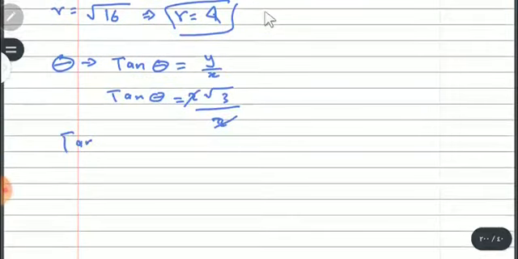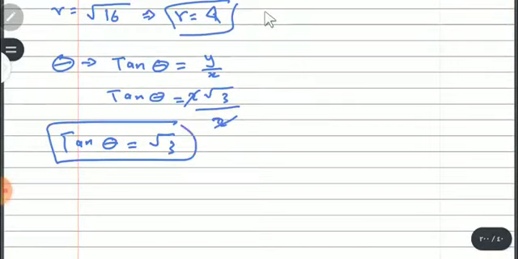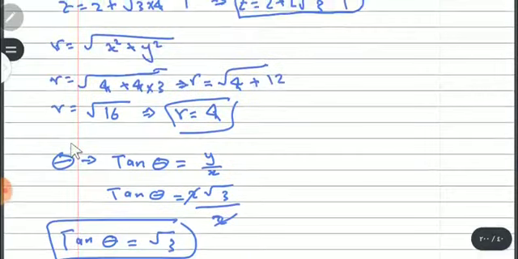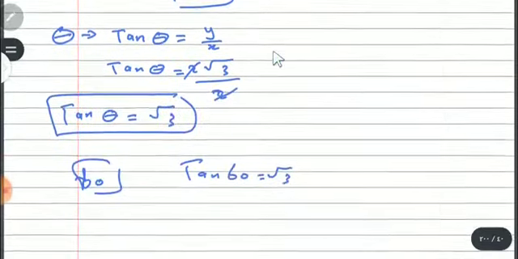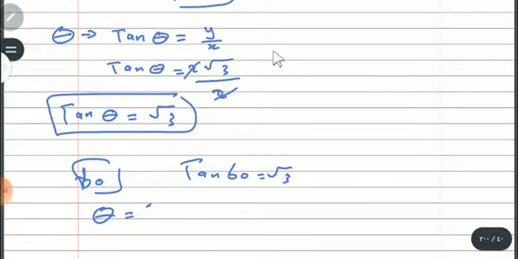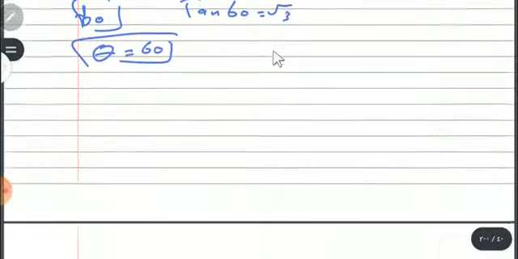So tan theta equals square root of 3. Now ask yourself a question: tan what equals square root of 3? We all know that tan 60 equals square root of 3. So the theta here is 60. And z is in the first quadrant, so it will be the same theta. So theta equals 60.